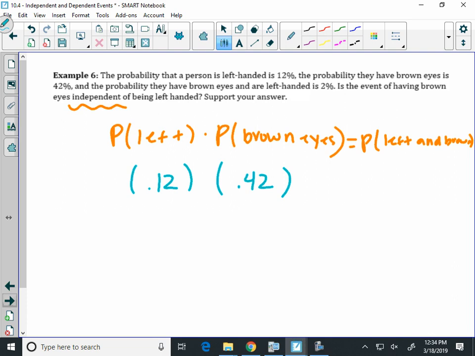Again, divide your percents by 100 and it'll give it to you as a decimal. And let's see if that's equal to how many are both? 2%. What's 2% as a decimal? 0.02. Again, divide by 100 if you aren't sure. So then just multiply that in your calculator and see whether or not it's equal to 0.02.